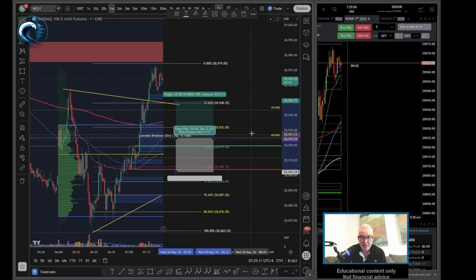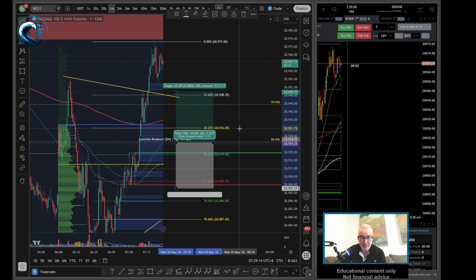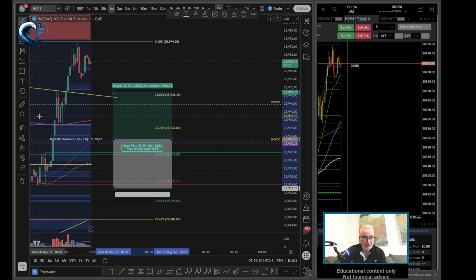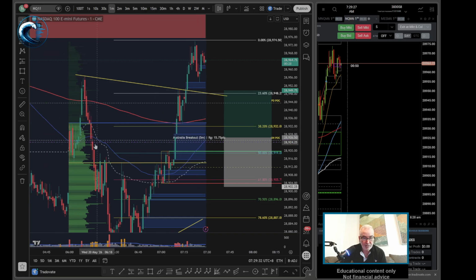Now, what can sometimes happen though is it'll come down and won't hit this area, with a bit of manipulation. So I might just enter a little bit above, and what I usually use are the nodes, the node structure here, for the bounce.